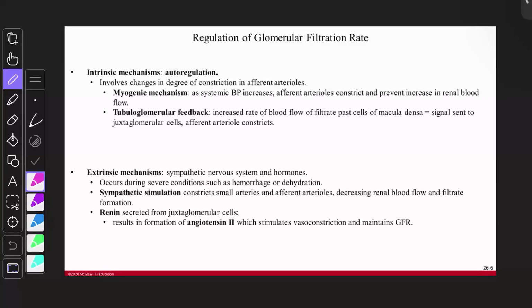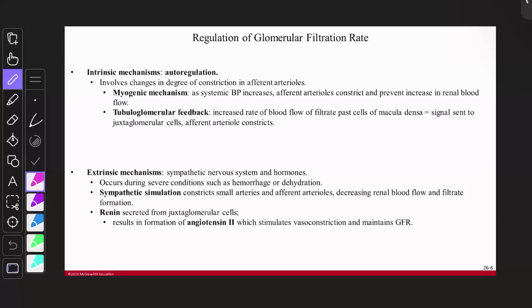Extrinsic mechanisms. These are actually much easier, mostly. So extrinsic mechanisms basically means that something other than the kidney is having an effect on the kidney. Okay? This is only going to happen during really severe situations. Hemorrhage, where you're losing blood, or severe dehydration, okay? Where your body just is starting to lose blood pressure, okay?